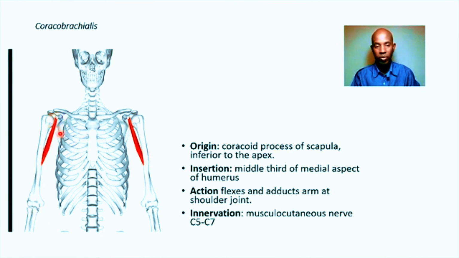It flexes and adducts the arm at the shoulder joint right here. It's innervated by the musculocutaneous nerve again, C5, C6, C7. So as you can see here, all three segments innervate the coracobrachialis, but not the biceps brachii, only C5 and C6 segments.